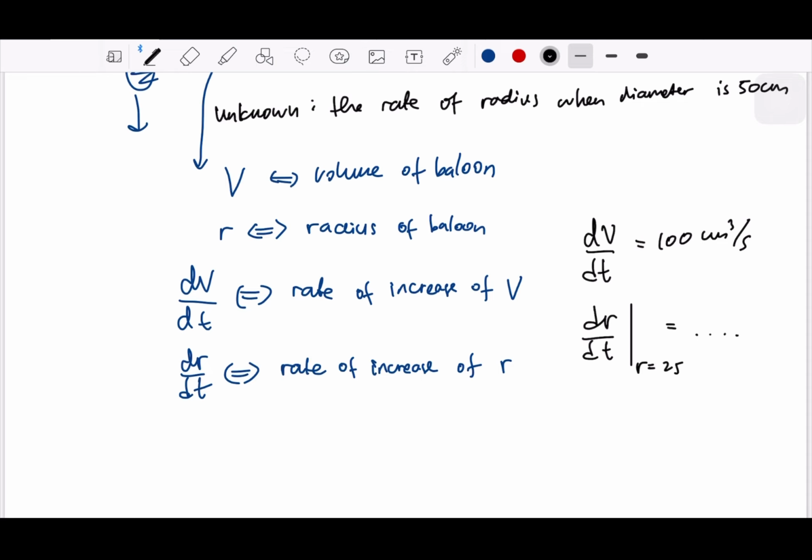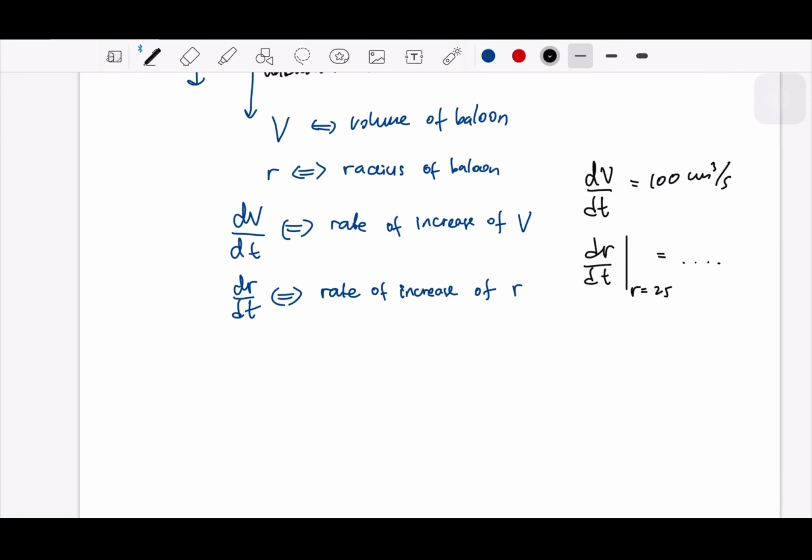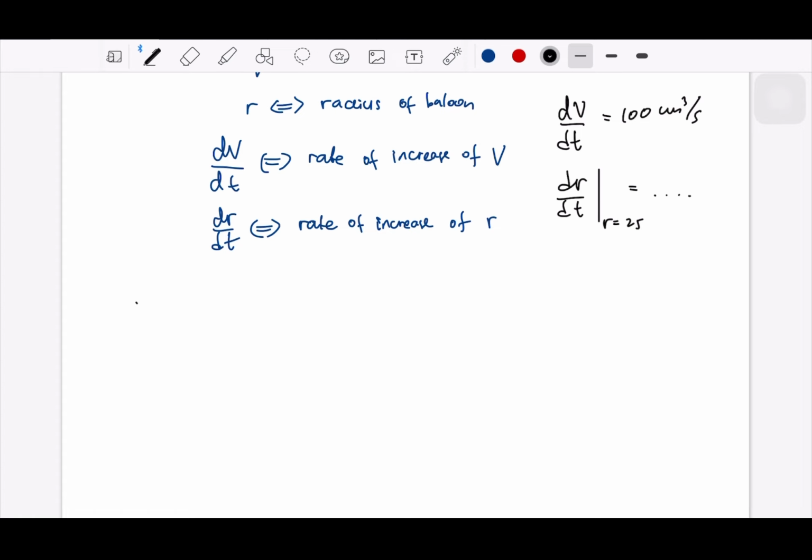But for some typical geometry, I think you need to review by yourself. So for example, this spherical balloon will have the volume 4 over 3 pi r cubed. Okay. So this is how we can relate the radius and the volume.